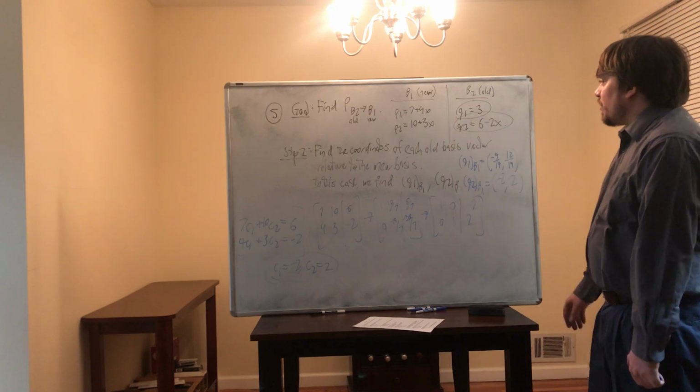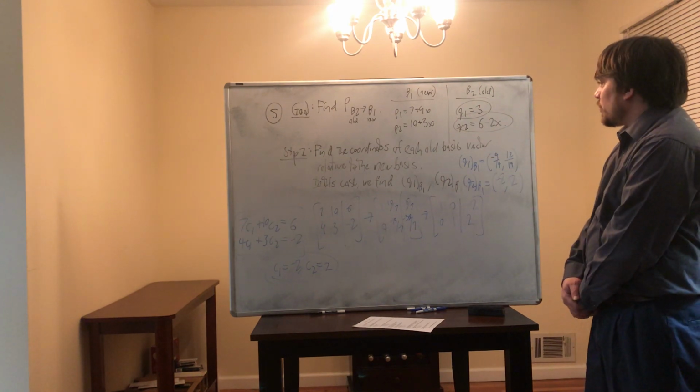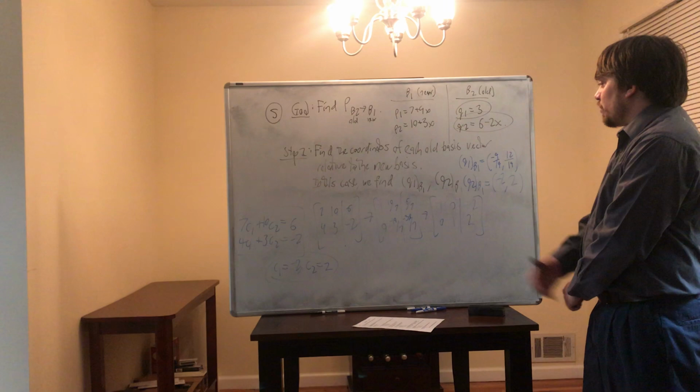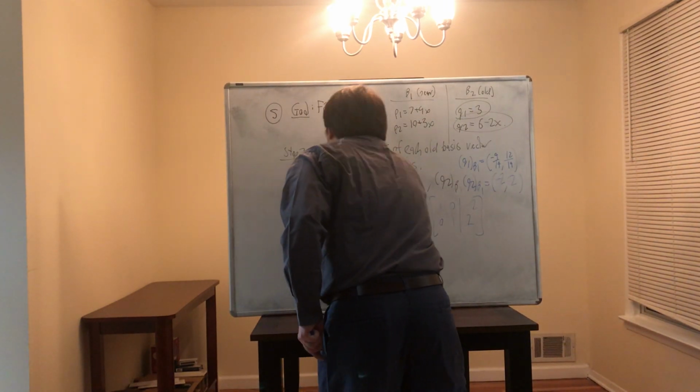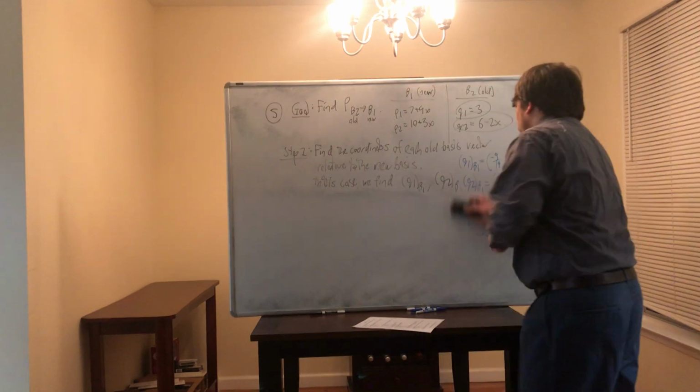Okay, so now we have the coordinates of each old basis vector relative to the new basis. And so now in step 2, we just make the columns of the transition matrix those coordinate vectors.